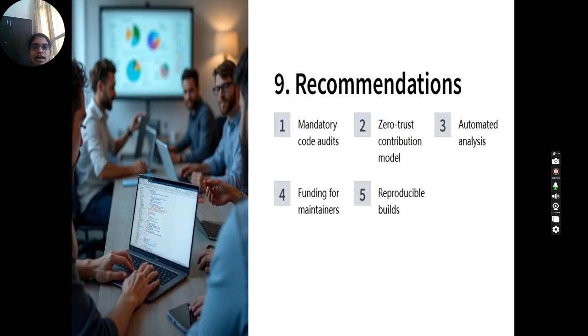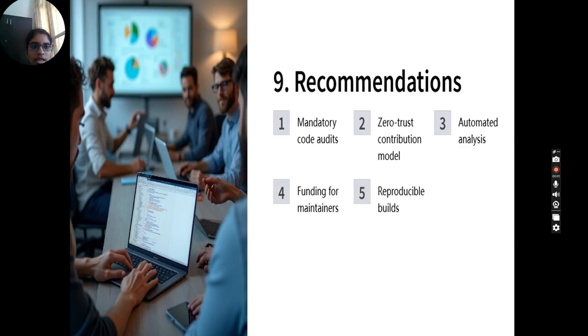The recommendations: many lessons can be learned from this attack to prevent similar events. First, critical open source software should undergo mandatory security audits. Projects must use a zero trust model for contributions.